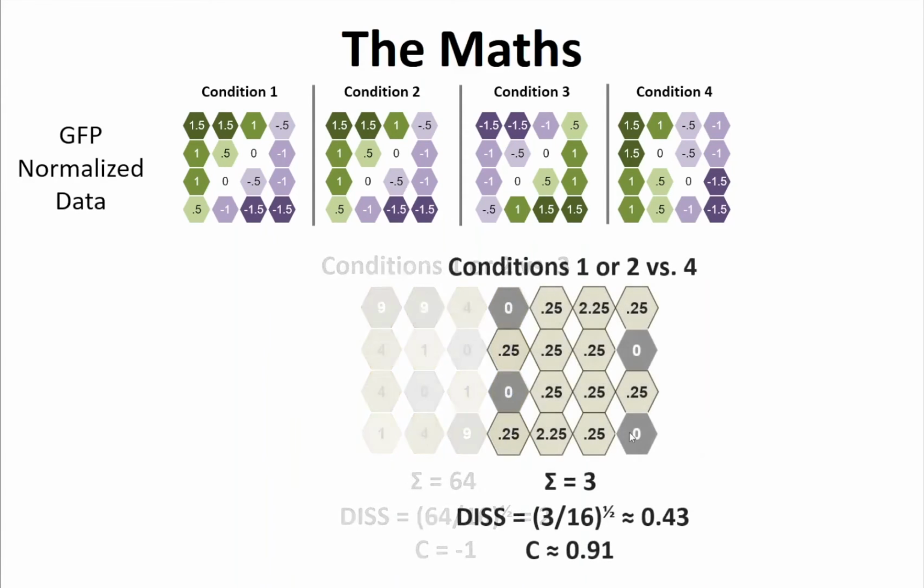And likewise, one can compare conditions 1 or 2 versus condition 4. And what one observes here is a dissimilarity of about 0.43 and a spatial correlation of 0.91. Now, the reason I mention this example is so that people realize that a high correlation doesn't mean that they're identical. And one can detect very subtle changes in topographic distribution by looking at a measure like dissimilarity.